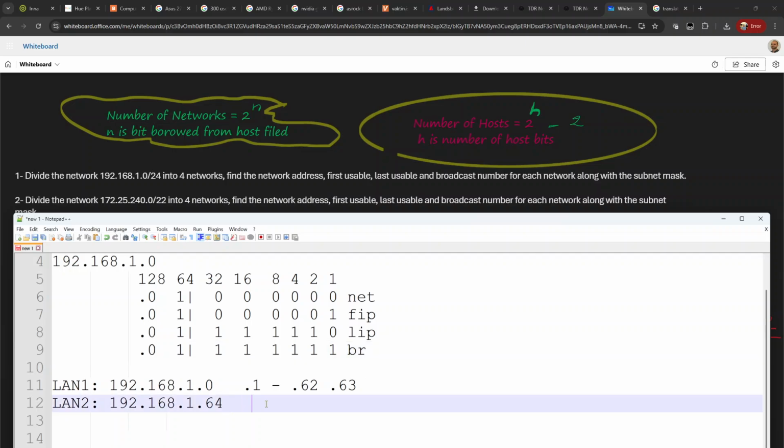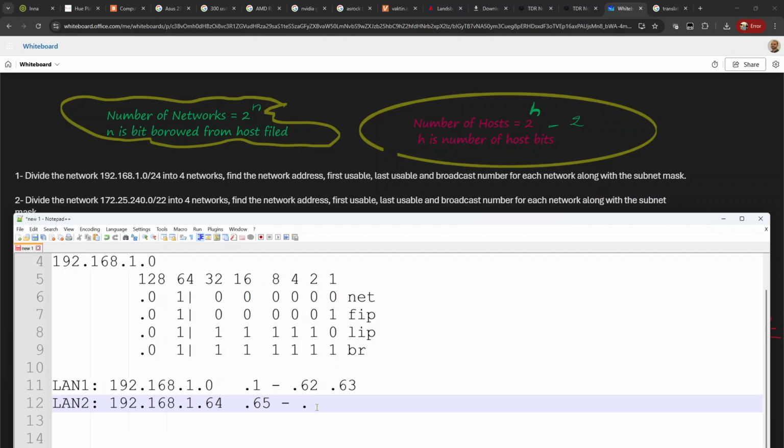So what will be the broadcast? The first host will be 65, and then the last host will be .126. The number of hosts that we're going to get is 62 per network.